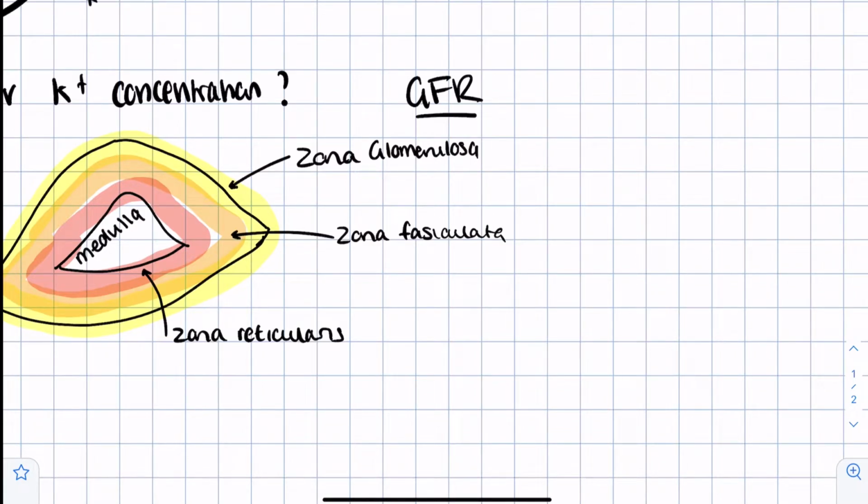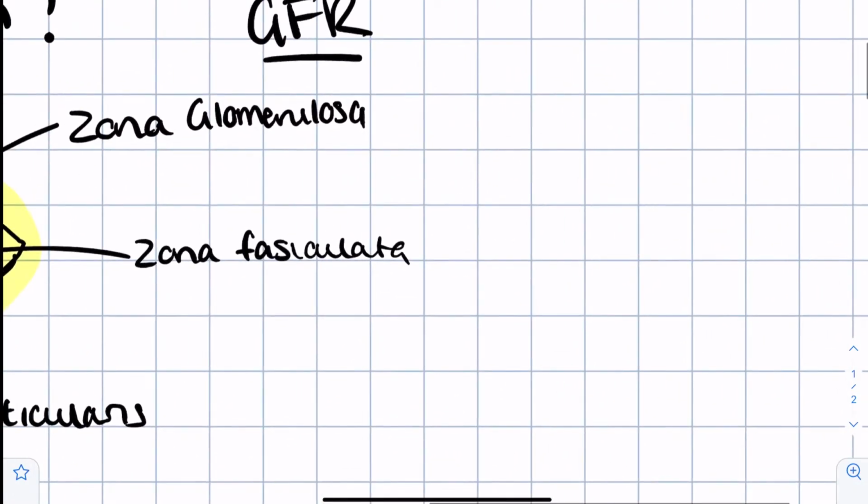And if you've ever seen someone's lab results when it comes to the kidneys, you'll know GFR stands for glomerular filtration rate, which is of course different to this, but it's a helpful way of remembering what the layers are from the outside to the inside of the adrenal gland.